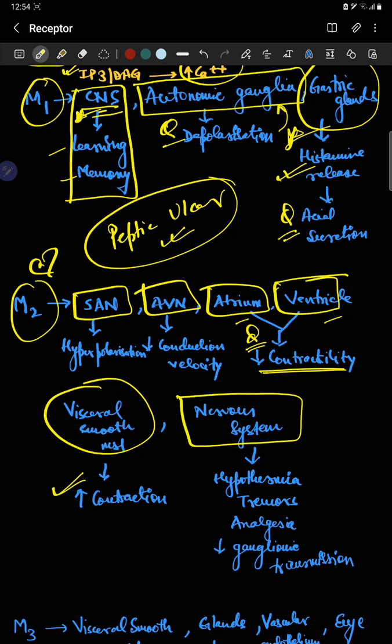That's why the M2 blocker drug was earlier used in some arrhythmias. We'll discuss PSVT and all, but nowadays more advanced drugs are there. In the AV node, conduction velocity decreases with M2 receptor stimulation, and hyperpolarization occurs in the SA node.